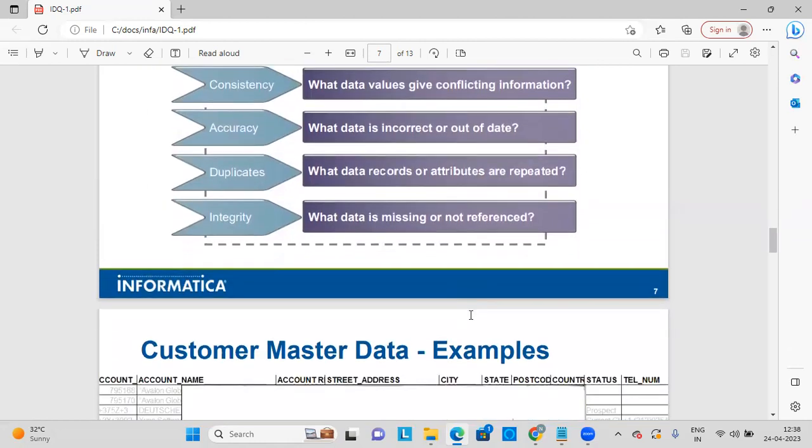Now the next measure is going to be integrity. Integrity is purely driven from keys, which are constraints, right? This particular measure is applicable if you have data which is kept in more than one table.